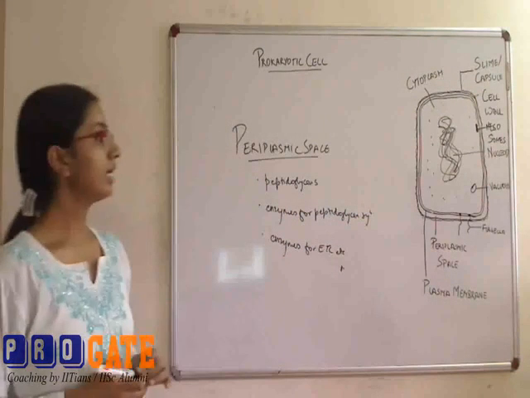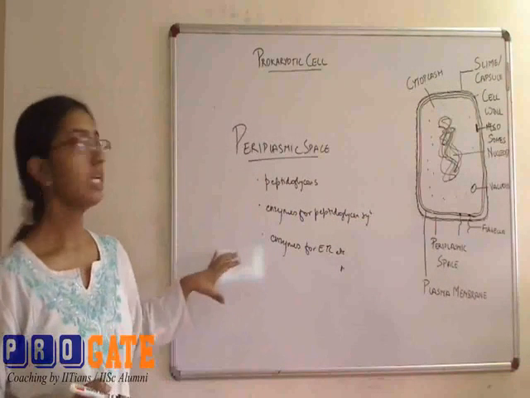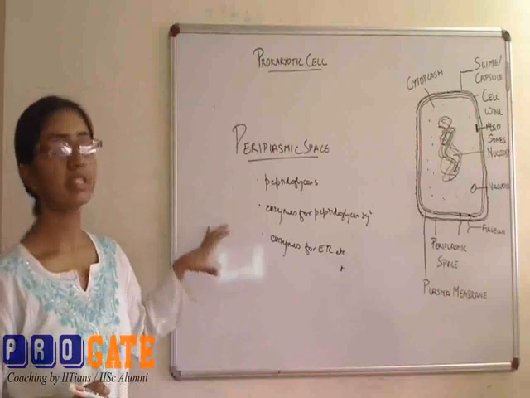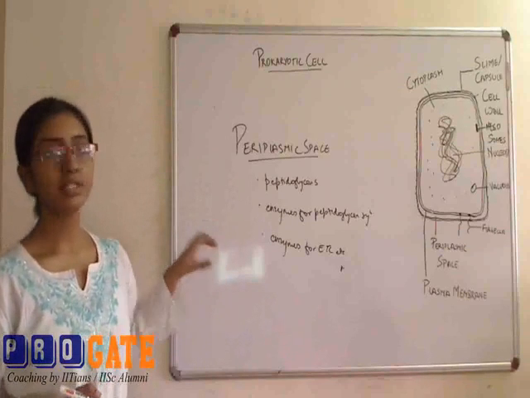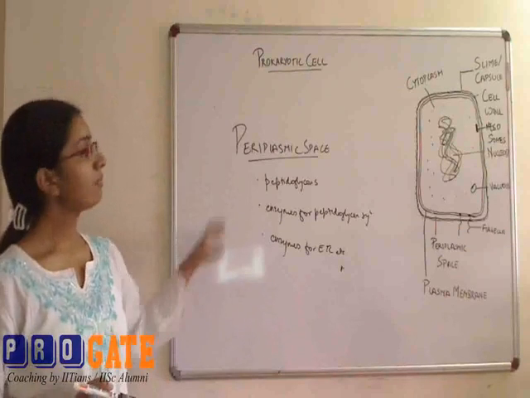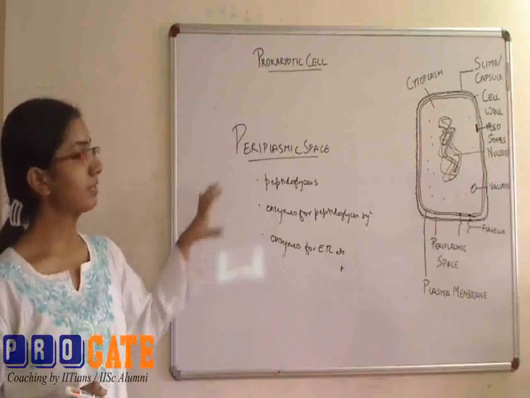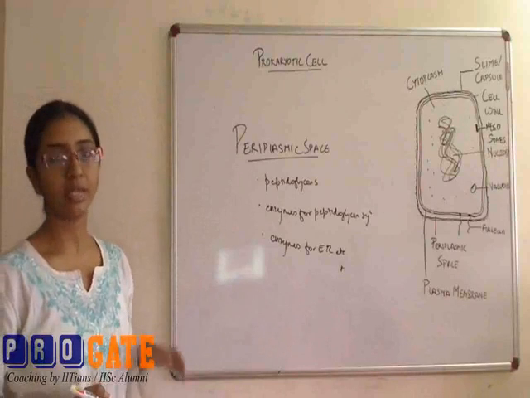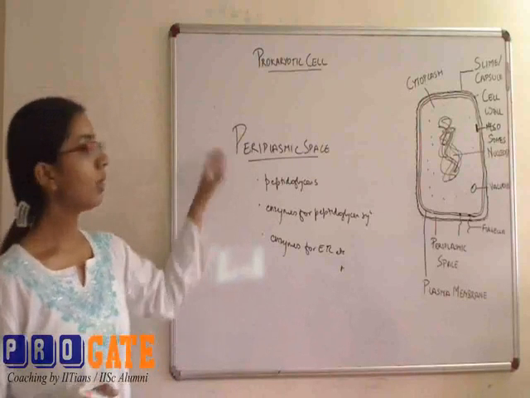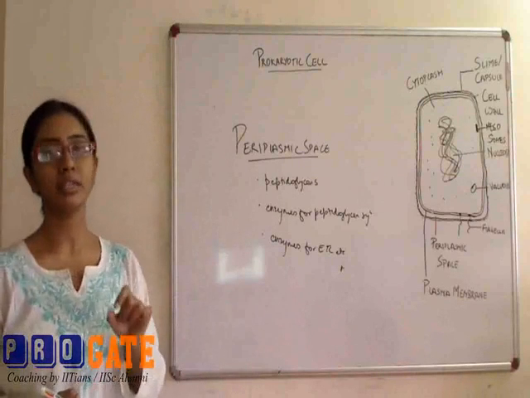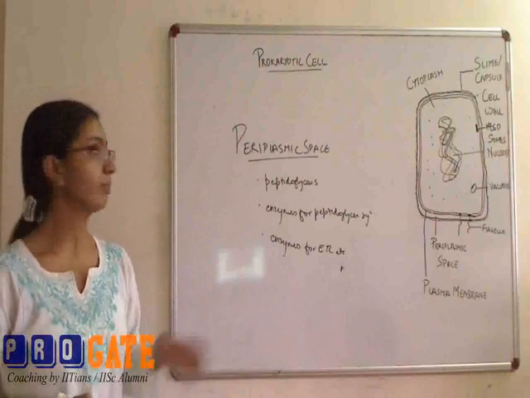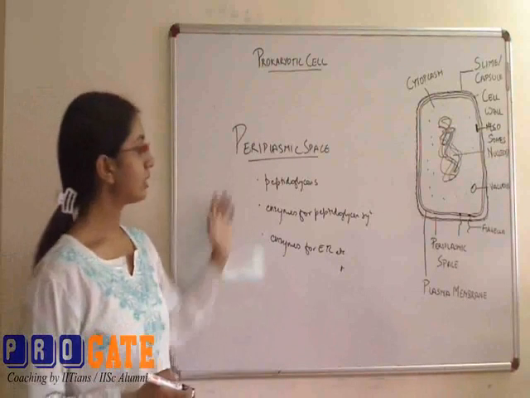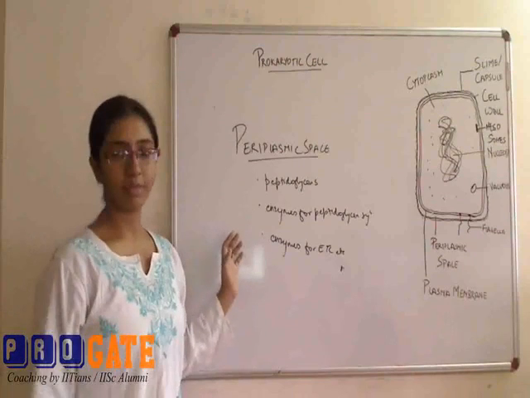Basically, in gram-negative bacteria, the periplasmic space is generally very small because of the presence of the outer wall. Also, the cell wall is very thin in gram-negative bacteria as compared to gram-positive bacteria. So these are the basic functions of a periplasmic space.